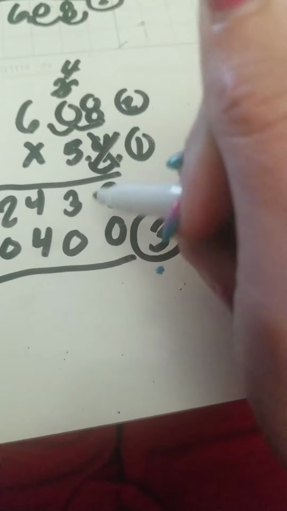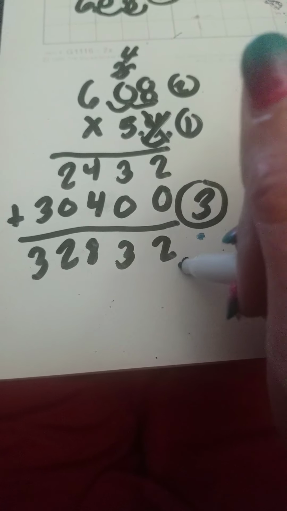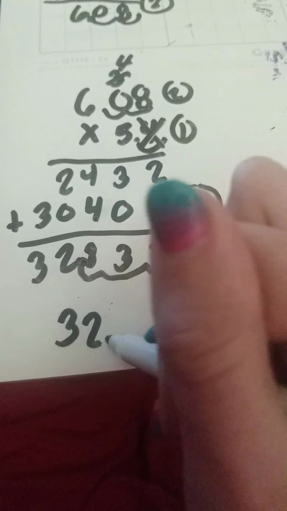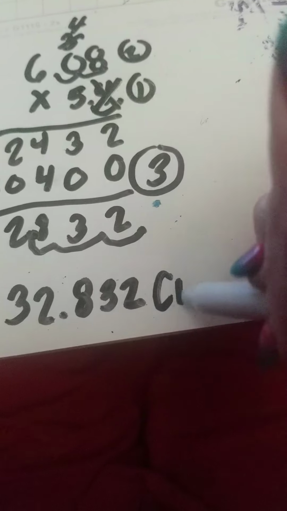Now I'm going to add these together. 2 plus 0 is 2, 3 plus 0 is 3, 4 plus 4 is 8, 2 plus 0 is 2, and 3. My answer has to have 3 decimal places. So I start all the way to the right and I go 1, 2, 3. So my answer is going to be 32.832 centimeters cubed.